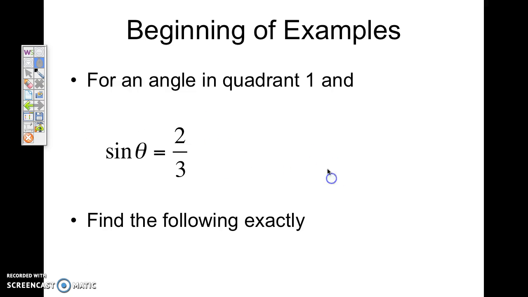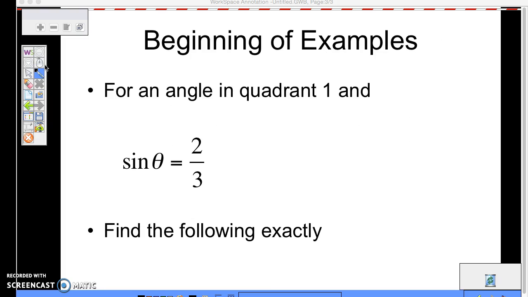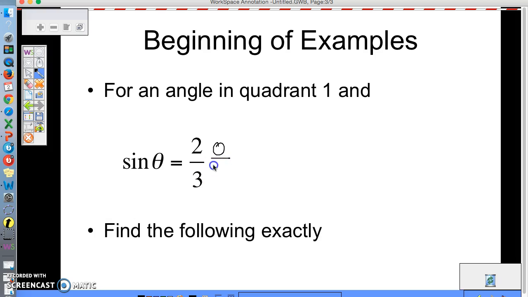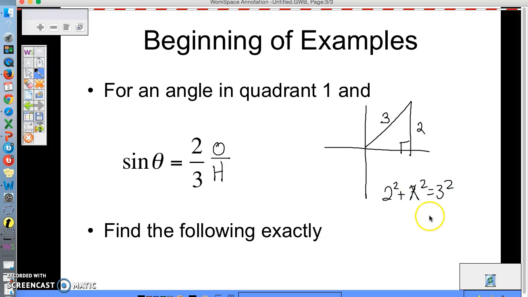So the first one we're going to look at today, we're going to draw a picture of this. And we're going to draw it out, we have our opposite over our hypotenuse here, sine. So if we were to draw this, we have opposite over hypotenuse. So our adjacent here, we have 2 squared plus x squared equals 3 squared.